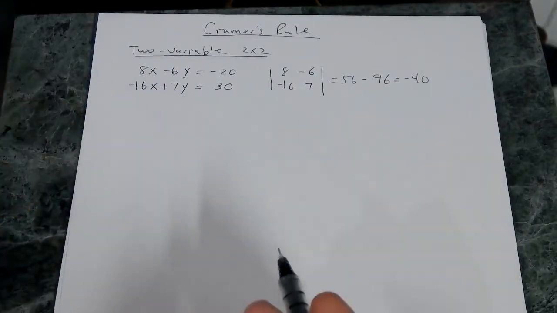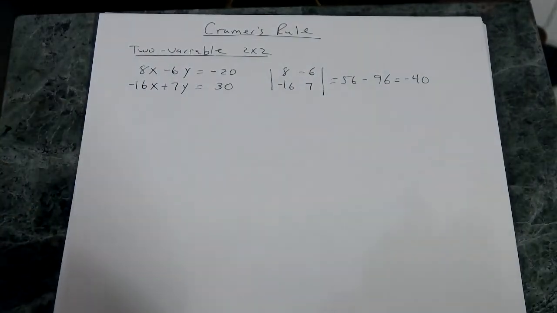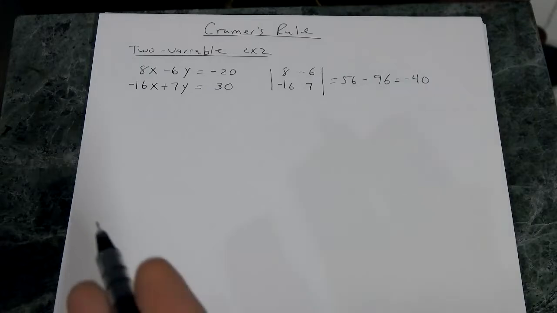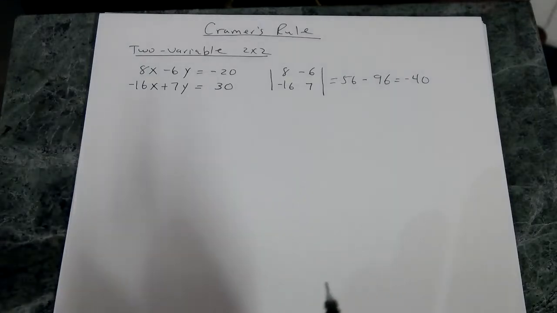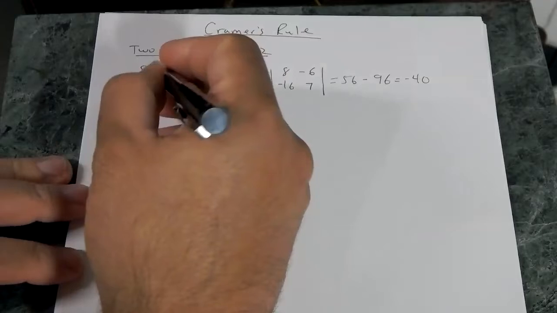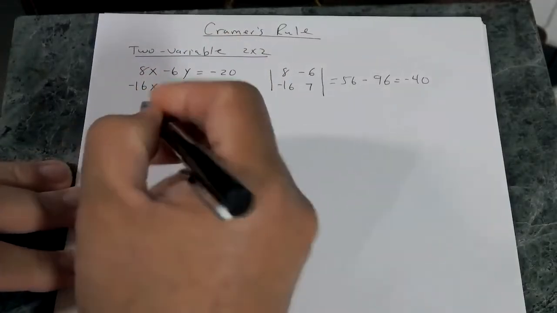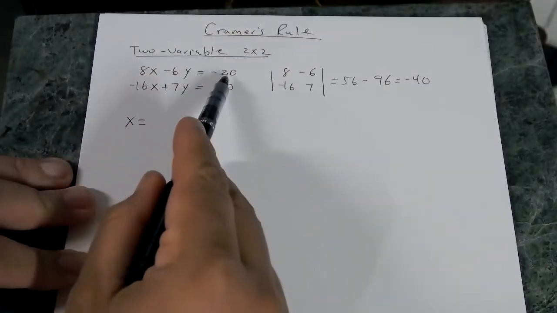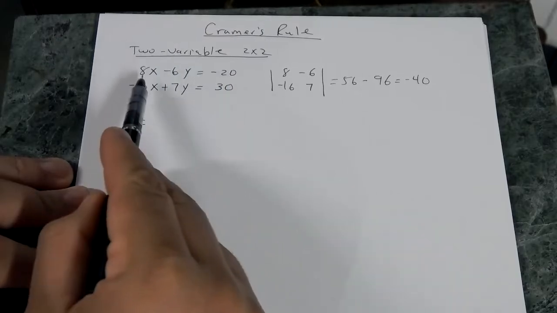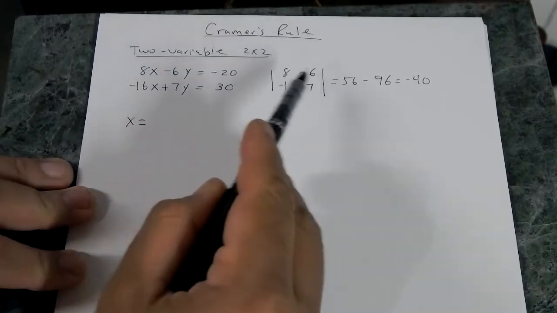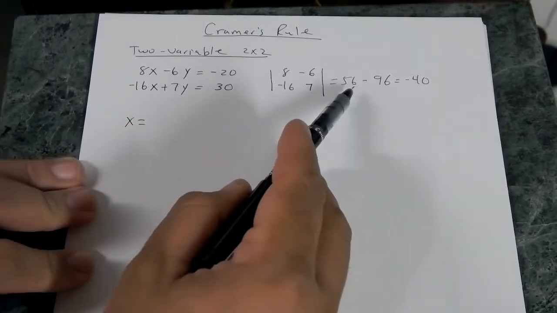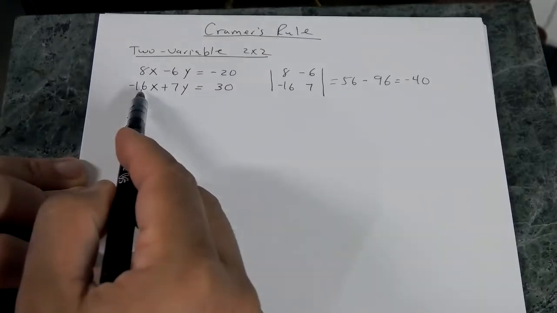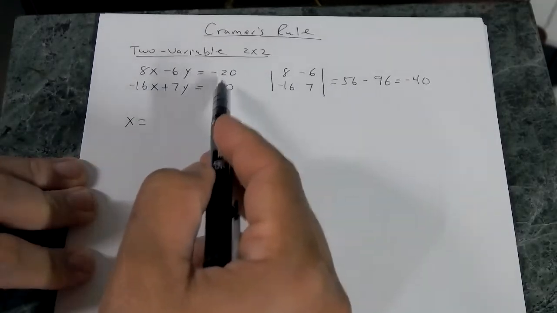Now, watch how easy it is to solve for x and y using Cramer's method. To solve for the variable x, I'm going to replace the x column with the answers and divide by this determinant. So instead of 8 and negative 16, I replace them with negative 20 and 30.